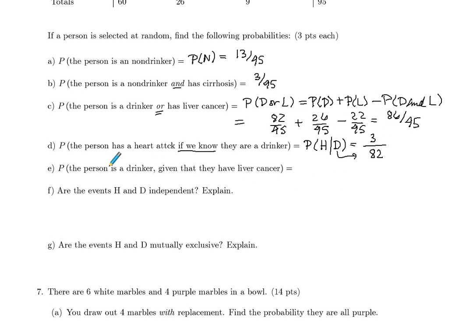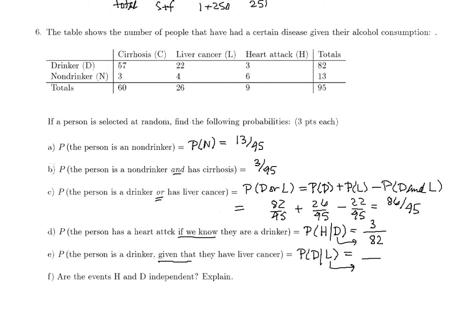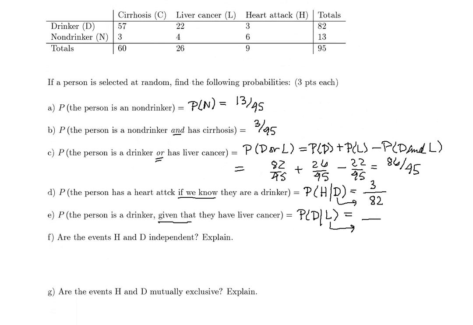What's the probability the person is a drinker given that, another conditional, they have liver cancer? So this is asking probability they're a drinker given that they were diagnosed with liver cancer. So that's the event L. So again, the given event restricts your denominator. So we go back up to the table here. And we're restricting ourselves to this column here. So these 26 people.